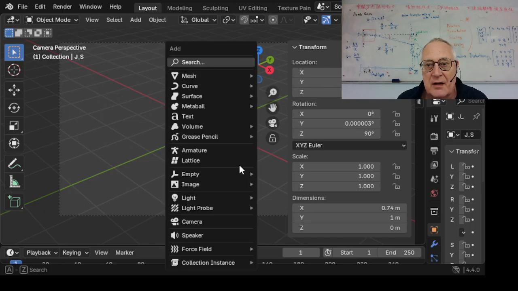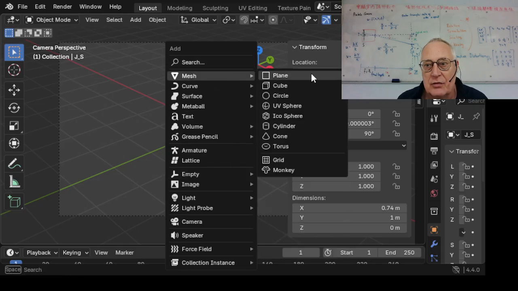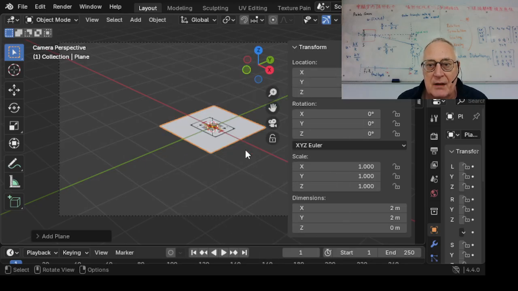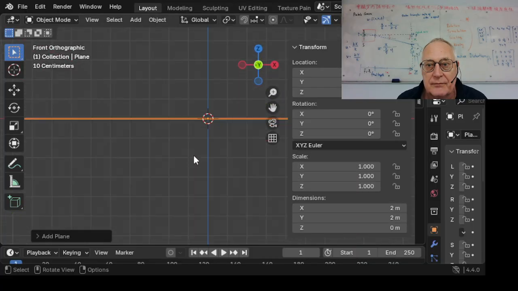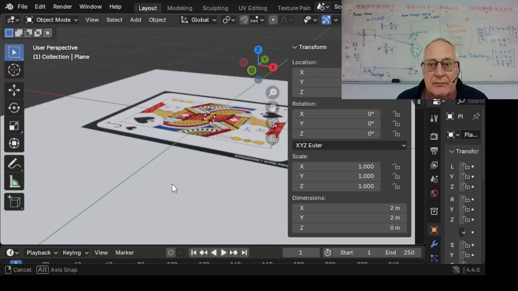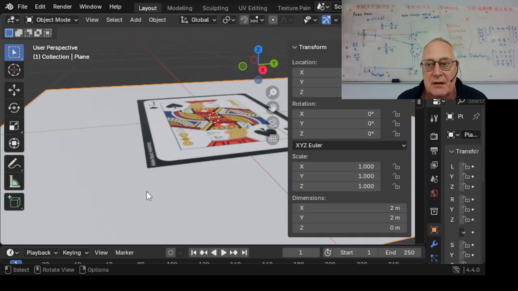Then I can add another mesh for the plane. And here's now my plane, and I want to have that plane green.